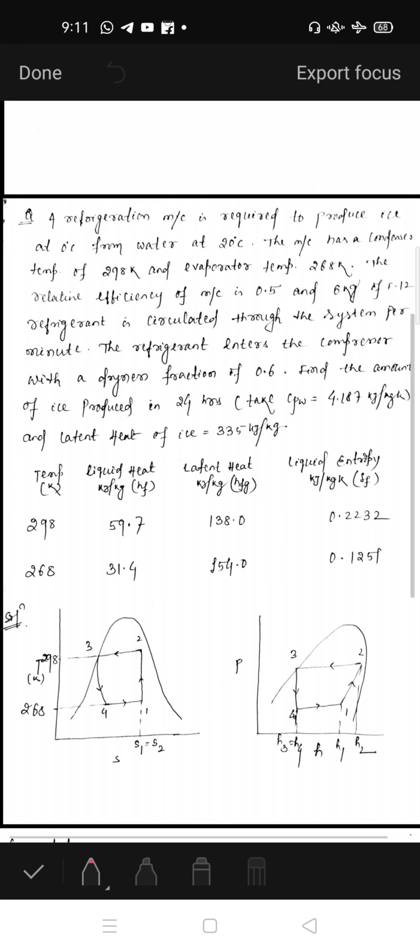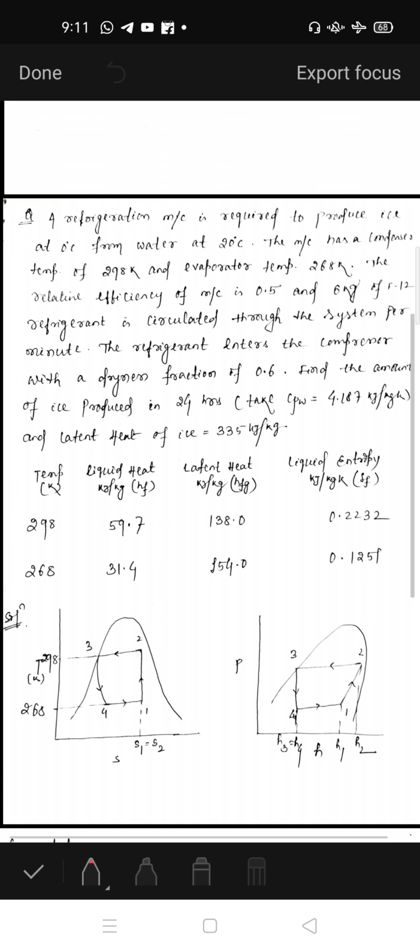Means in 1 minute, 6 kg of refrigerant is flowing in your system, okay, means this is your mass flow rate of the refrigerant. And the refrigerant enters the compressor with the dryness fraction of 0.6. Now this line is the key point of the question.